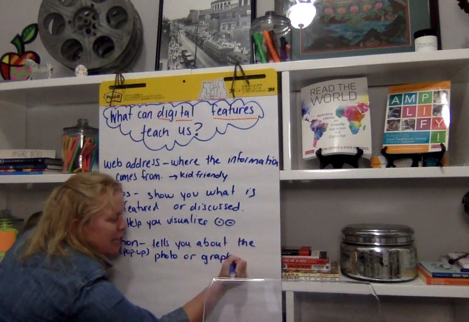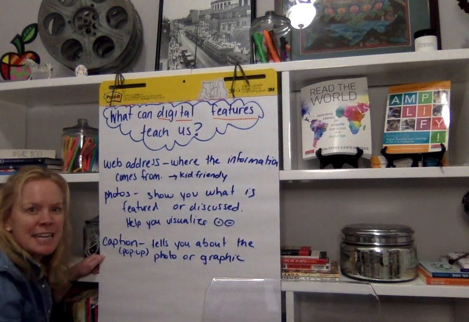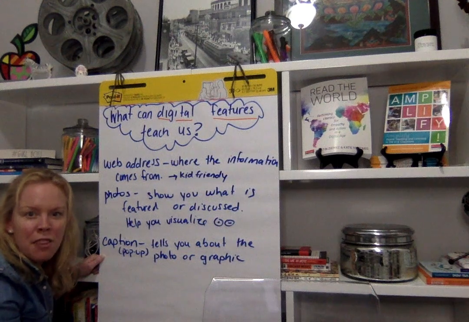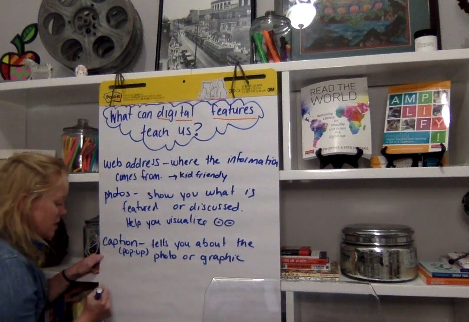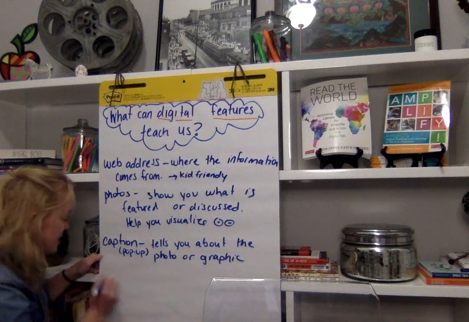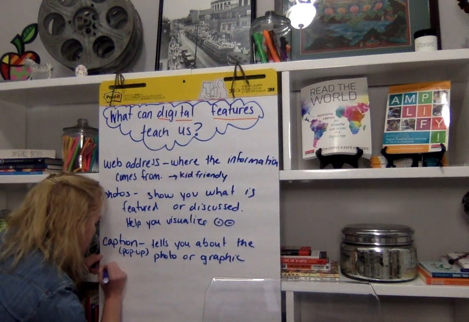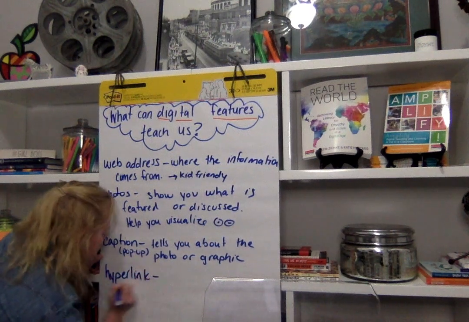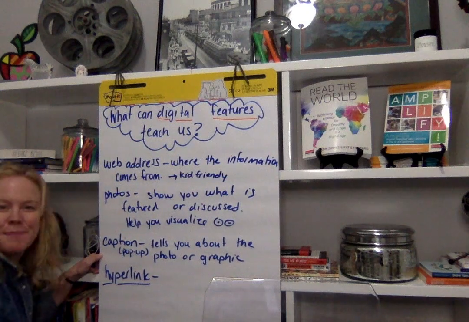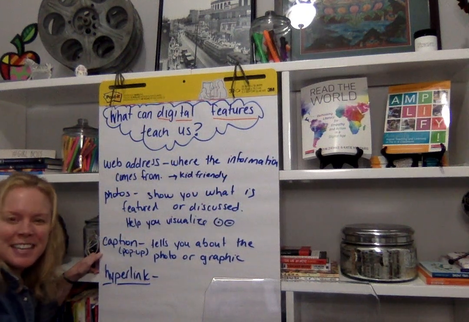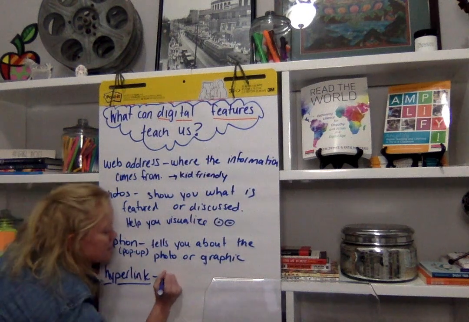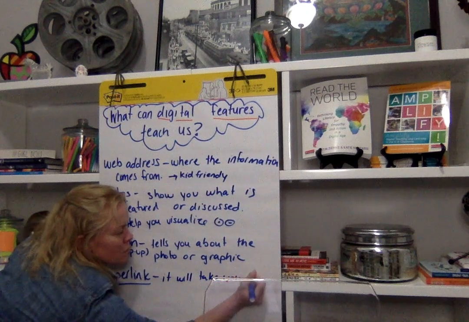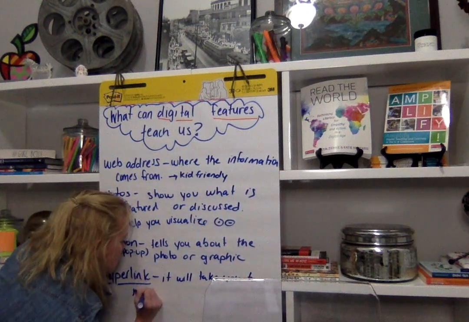If you're looking at a table, or if you're looking at like a cross section or a cutaway, the caption will tell you a little bit more about that graphic. And then we also saw content that was underlined, right? And we saw a hyperlink, right? And I'm going to just underline that because often you'll see that underline underneath it that will show you, if you click it, it will take you to more information.